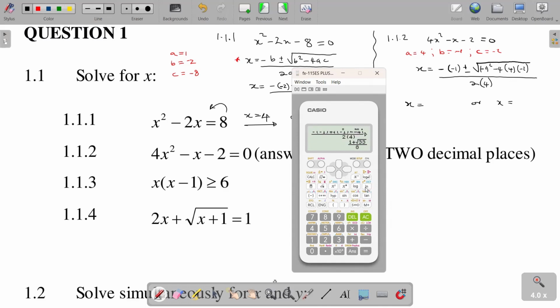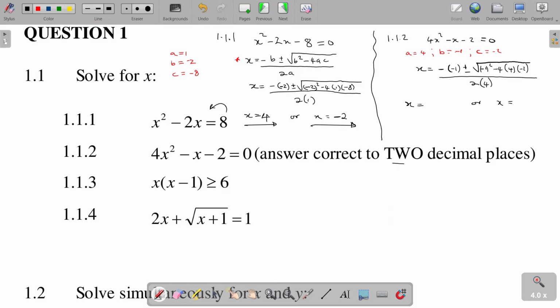Thus giving us the answer, but this question strictly says to 2 decimal places. The question strictly says to 2 decimal places.